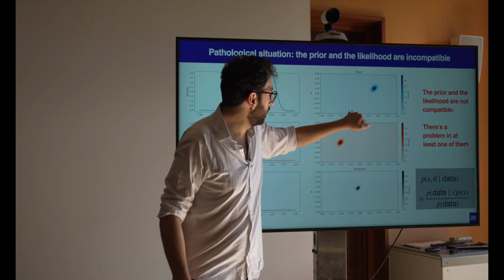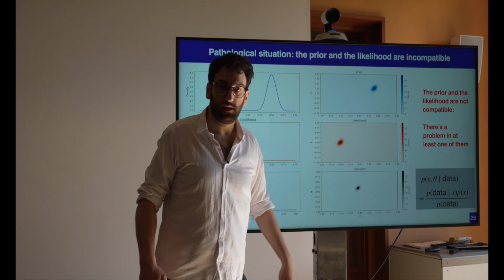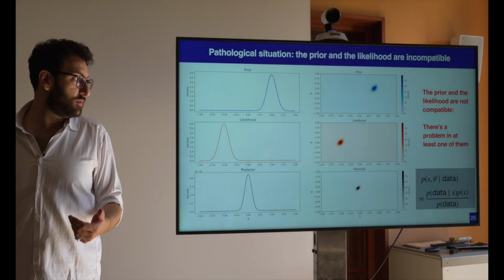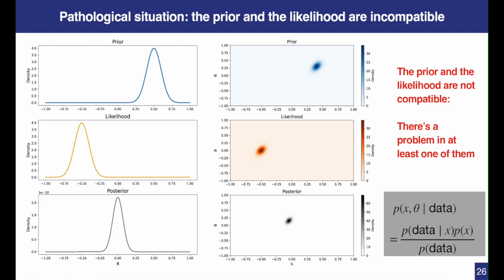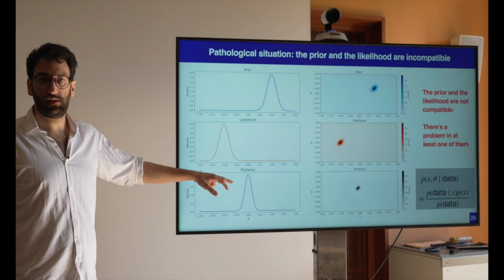Here you have the prior here, the likelihood here, and the posterior is here. But just like in the previous case, this means that your likelihood is contradicting your prior.